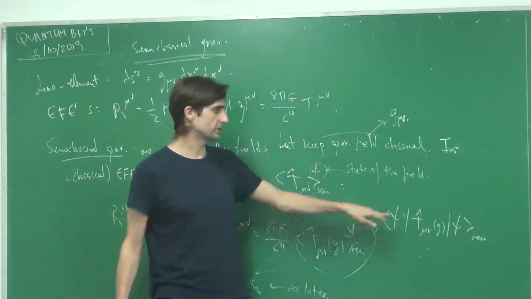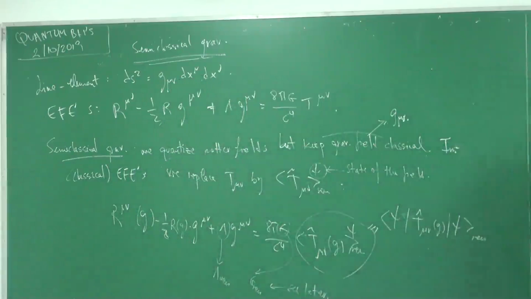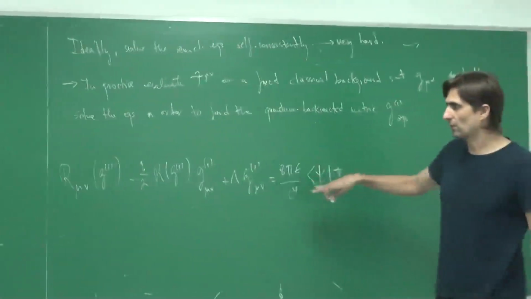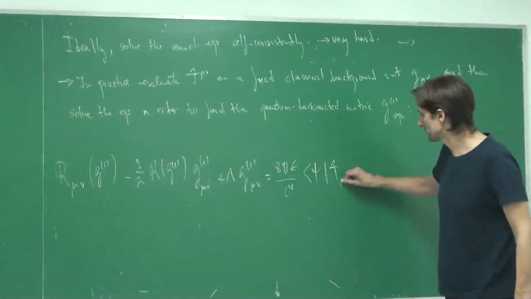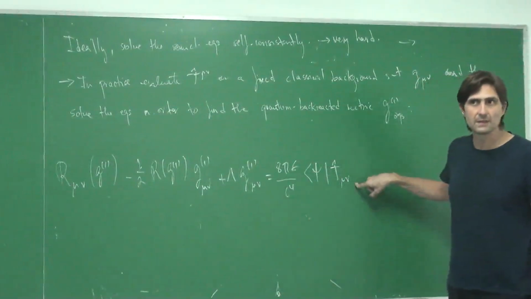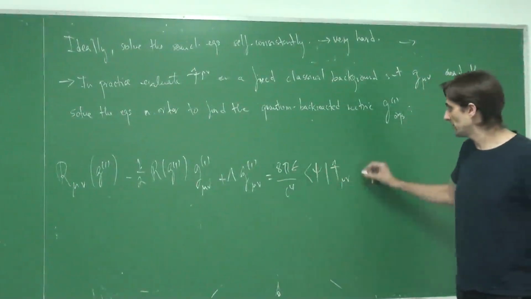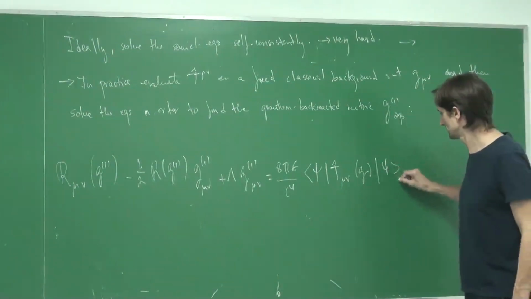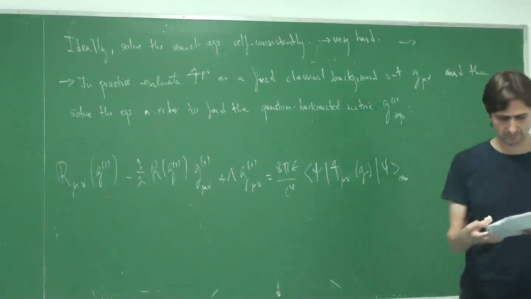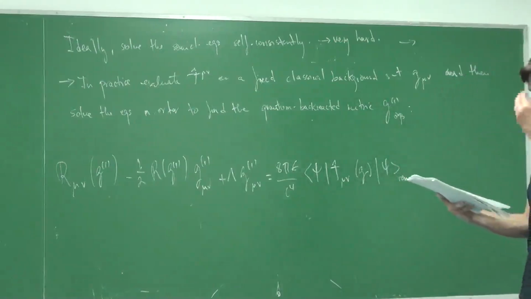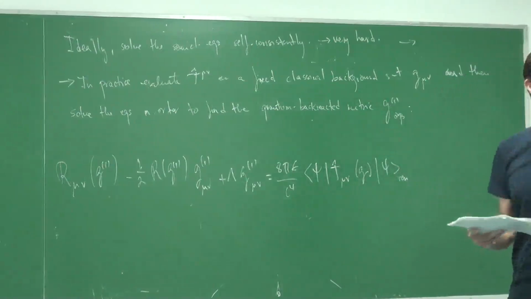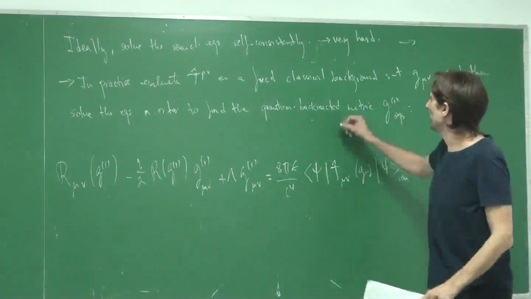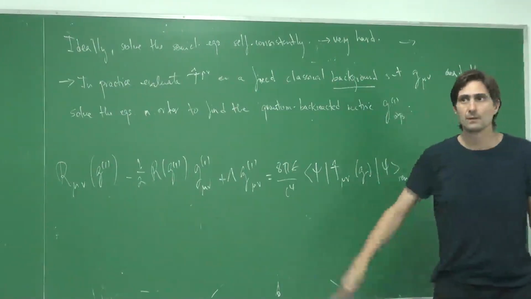There's a shorthand notation for that, so I'm just writing the full expression for this here. And now T is not evaluated in the g1 metric, but in the background metric g. That's what we mean by background spacetime.